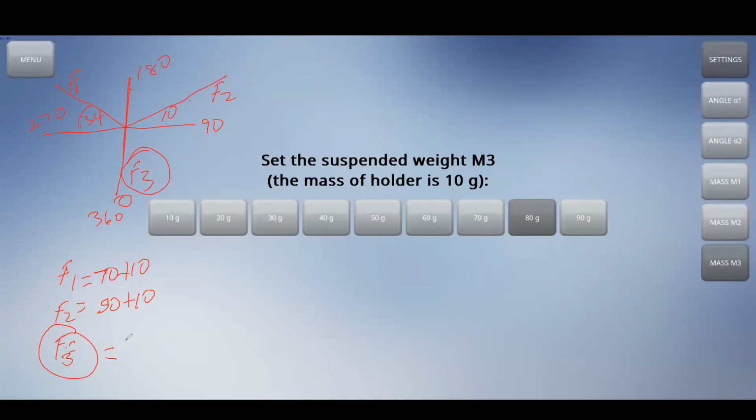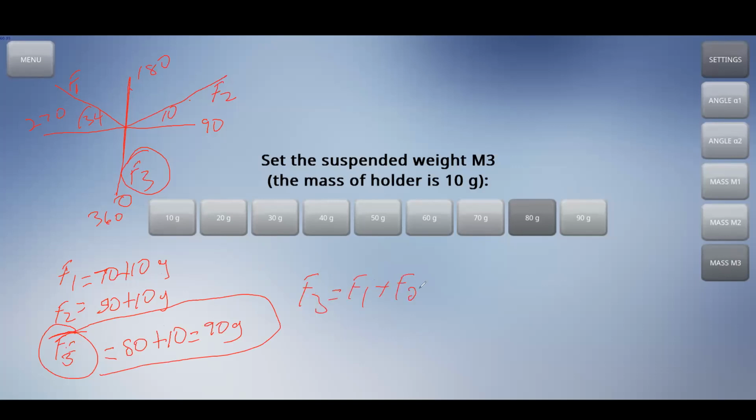So this is what you're proving that it will give you. You must draw a sketch geometrically and mathematically to prove this. This is supposed to be 90, but this is in grams, so you have to convert that to kg and then to Newton, right? So you're proving that F3 is equal to F1 plus F2.